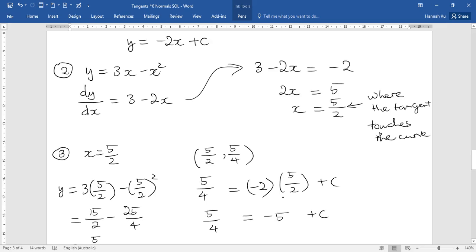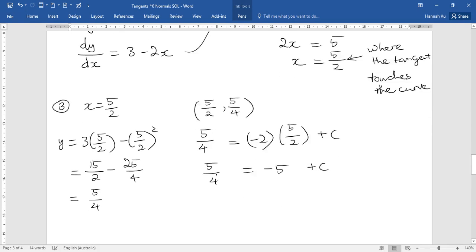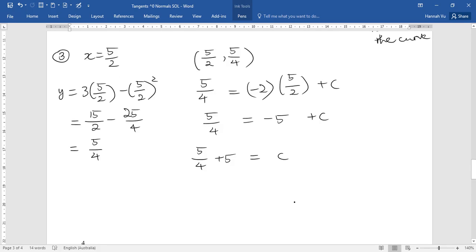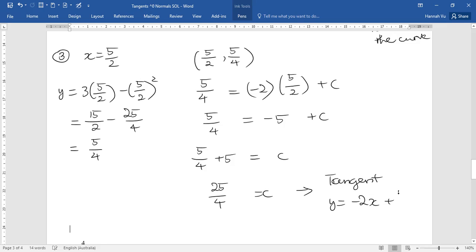So I cross out the 2 and move it to the other side. 5 over 4 plus 5 equals c, which means that c is 25 over 4. So from here I have the tangent. I always get into the habit of finally answering the question: y equals negative 2x plus 25 over 4.